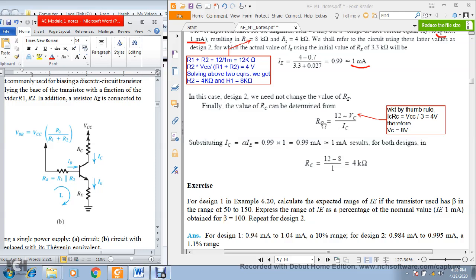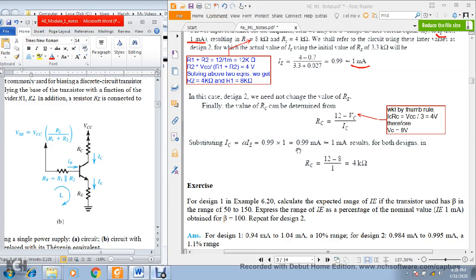Please remember, I just showed an arrow mark here because later I'm going to take VC as 8. So ICRC is VCC by 3, equal to 4 volts. So if ICRC is equal to 4 volts, VC is equal to 8 volts. So now we got VC as 8 volts.